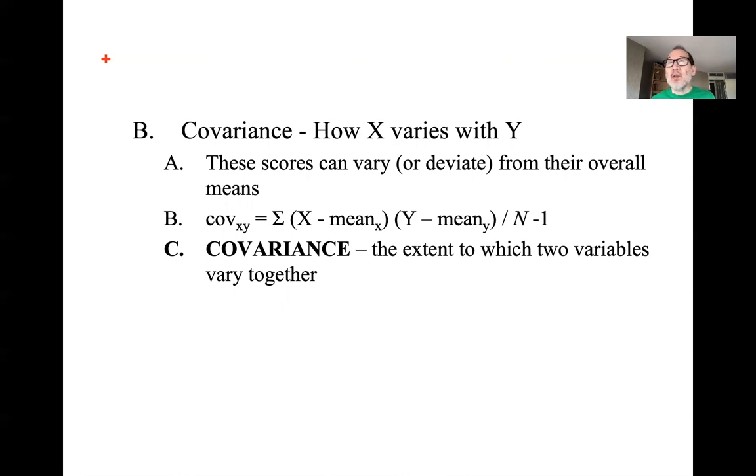So what this does is it allows us to see the variation between X and Y, not just the variation in X for all the X's against the mean. Here, it's the variation of X against its mean, Y against its mean, and the product of the two, to see how they correlate, to eventually see how they correlate.